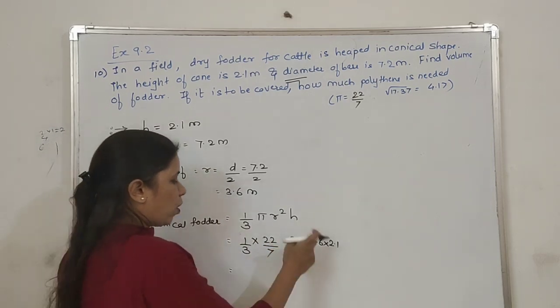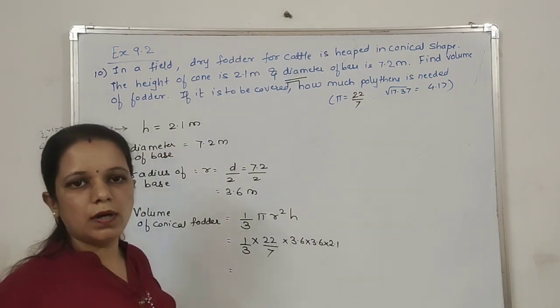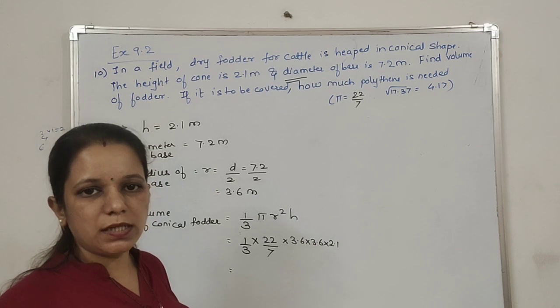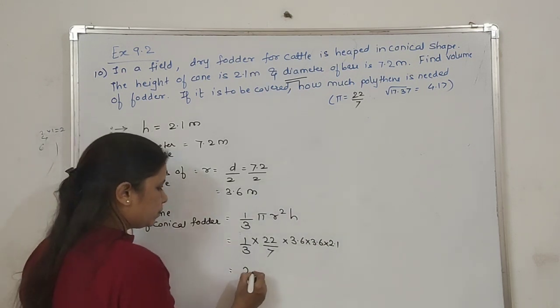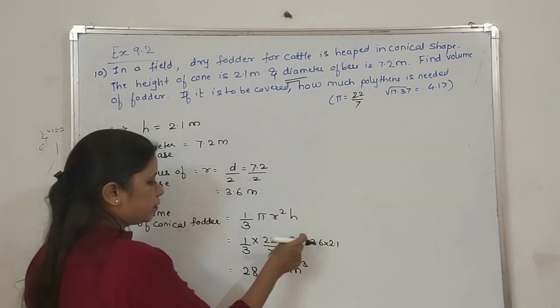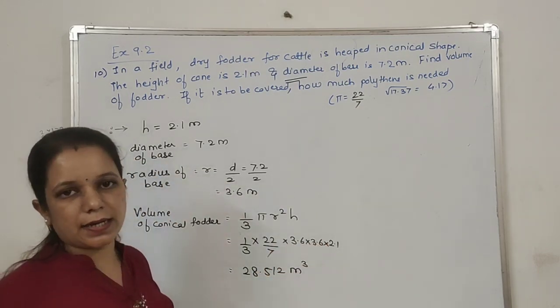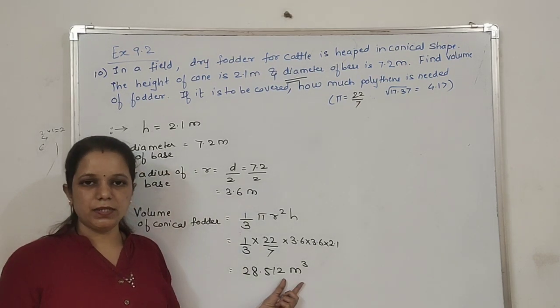When we perform this calculation, we get the volume as 28.512 meter cube, because radius and height are in meter, so we will get it as meter cube.